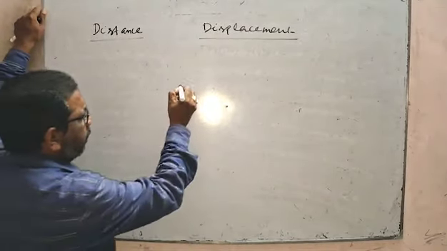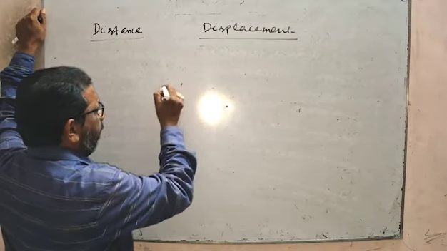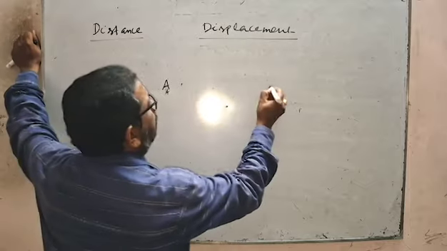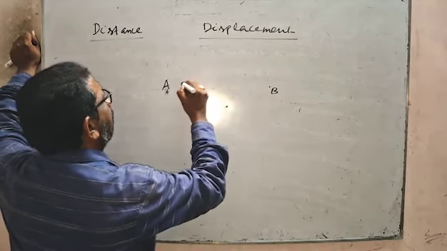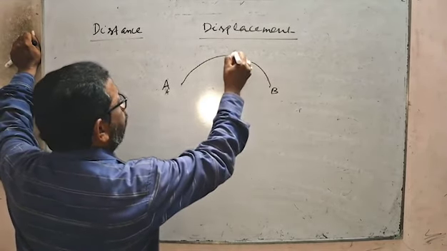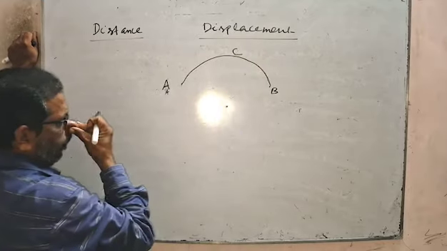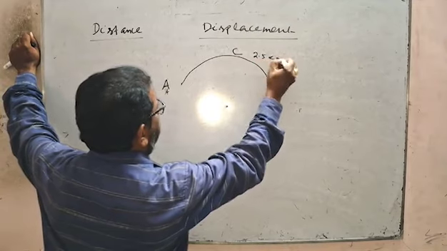Let us suppose a body starts from A and the destination is B. It covers the path A to B through C, let it be 2.5 kilometers.